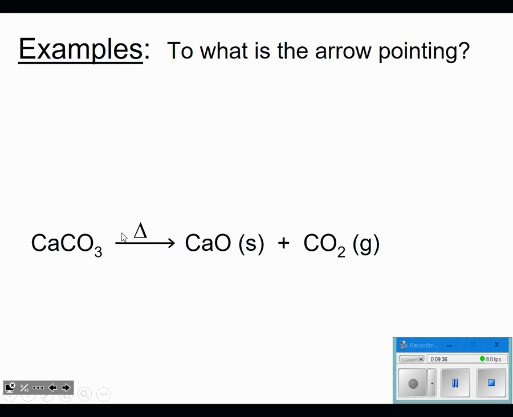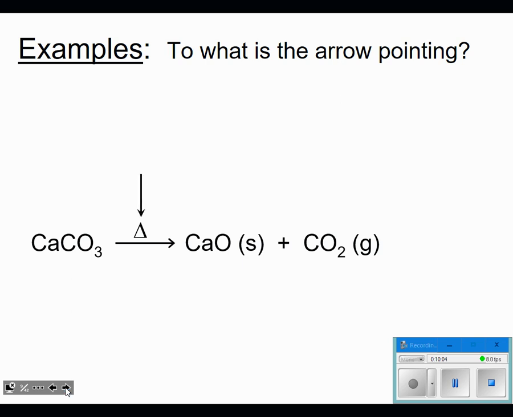We then have the arrow with a triangle over it, and then we have calcium and oxygen put together, which is calcium oxide, and that is an ionic compound as well. And we have a CO2, which is a covalent compound or a molecular compound, and it is carbon dioxide. So you do need to remember how we name things. So this is a good way to review that information.